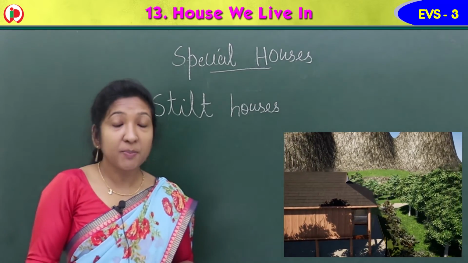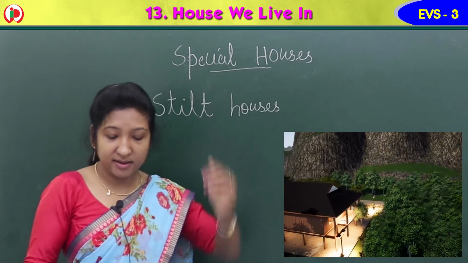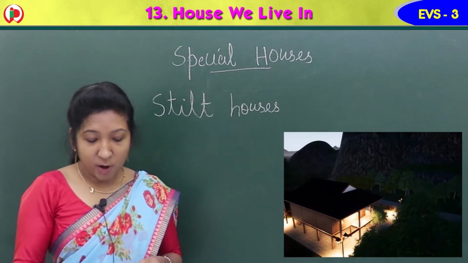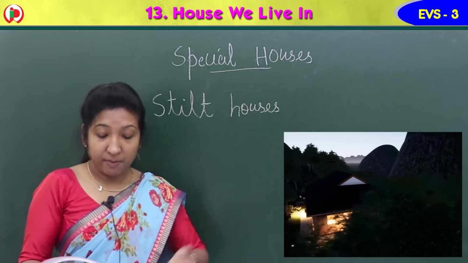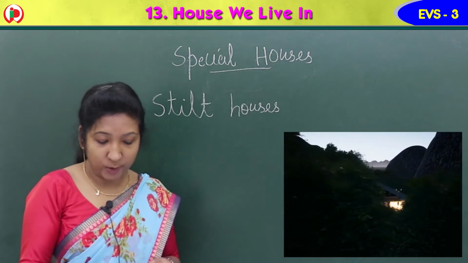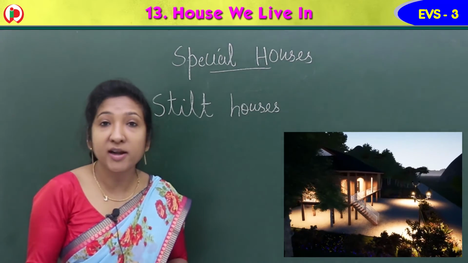Yes. Why are people building this kind of houses on stilts or poles or pillars? The poles or stilts keep the house above the ground. This protects the house and the people from floods and wild animals.